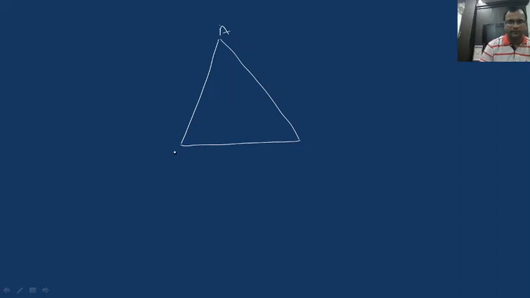This is the point A, this is B, and this is C. This is the bisector of angle B. This is the bisector of angle C, and clearly this point of intersection is the incenter, the point of intersection of the angle bisectors.